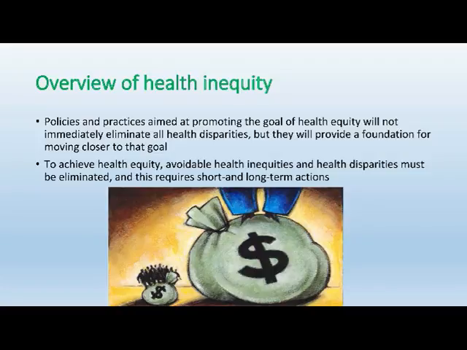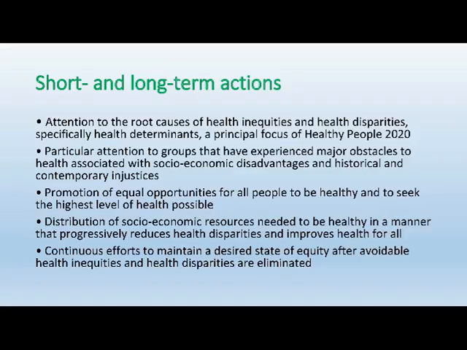To achieve health equity, avoidable health inequities and health disparities must be eliminated, and this requires short and long-term actions. These actions include attention to the root causes of health inequities and health disparities, specifically health determinants, a principal focus of Healthy People 2020. Particular attention to groups that have experienced major obstacles to health associated with socioeconomic disadvantages and historical and contemporary injustices.